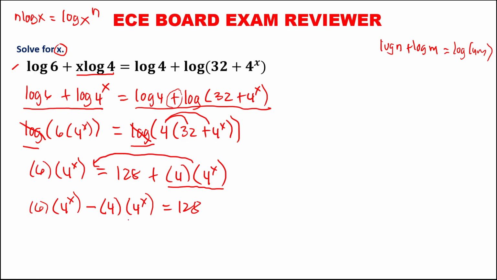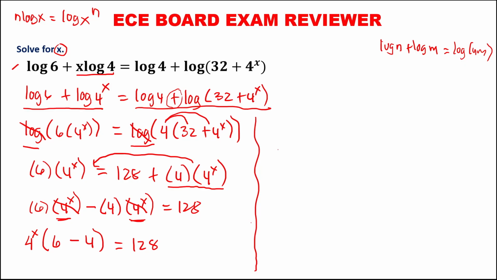Then observe that we can factor out this 4 to the power x. So we have 4 to the power x times the remaining, 6 minus 4, equals 128.